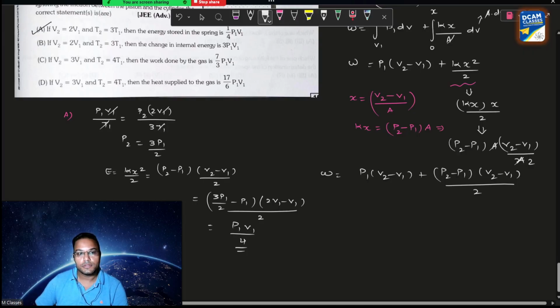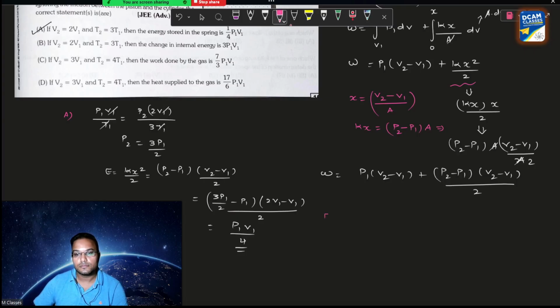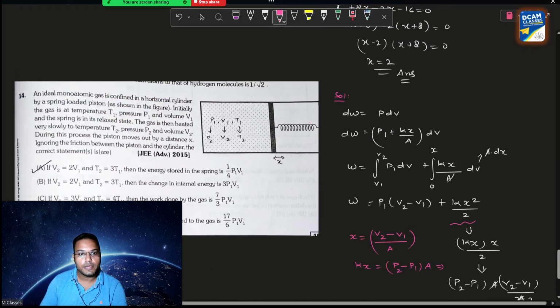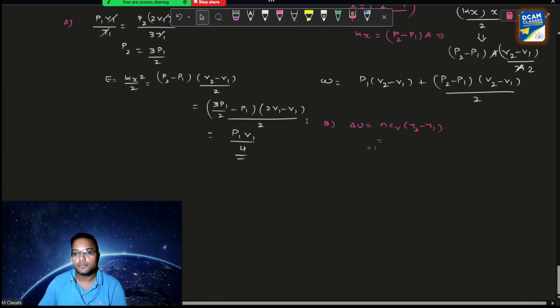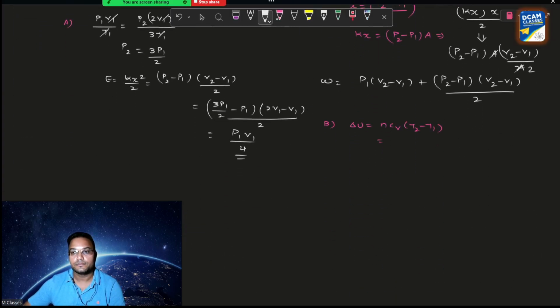Let's go for option B. Change in internal energy. Internal energy change is n Cv delta T. This is a monatomic gas, so Cv is 3R by 2.